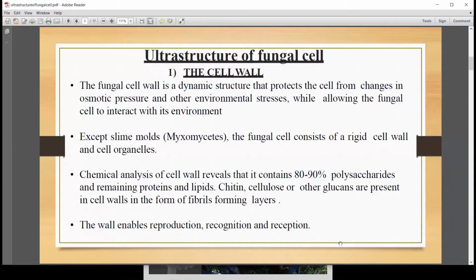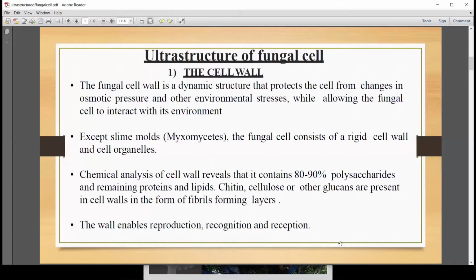Why is it dynamic in structure? It protects the cell from changes in the pressure around the cell. When the pressure around the cell changes, the cell wall protects the whole structure of the cell from that change and also from some other environmental stress.